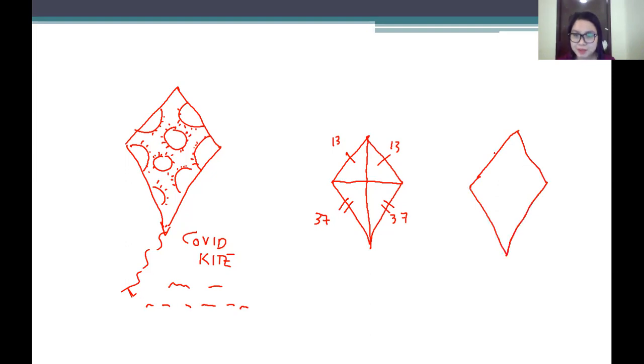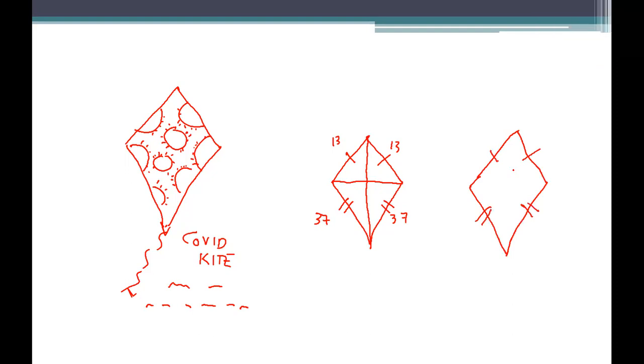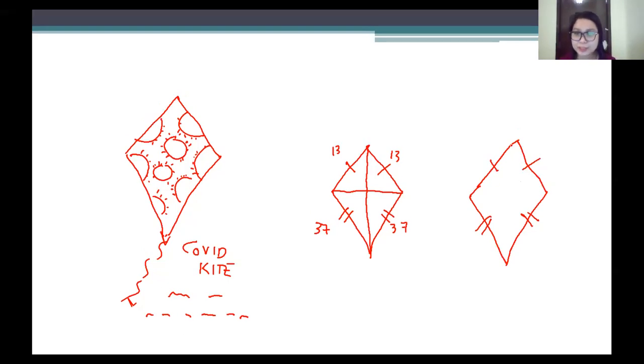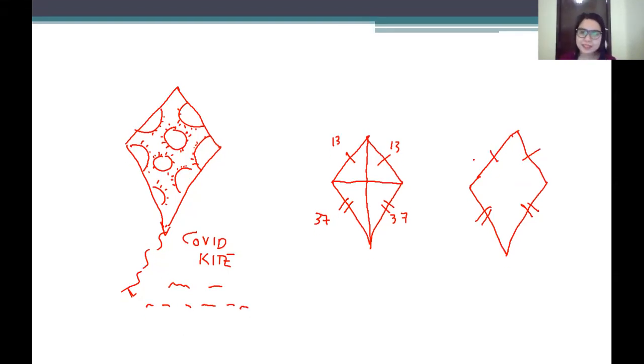If I'm going to make it, I will start with the diagonals. Remember that in a kite, the diagonals bisect each other and they are perpendicular.